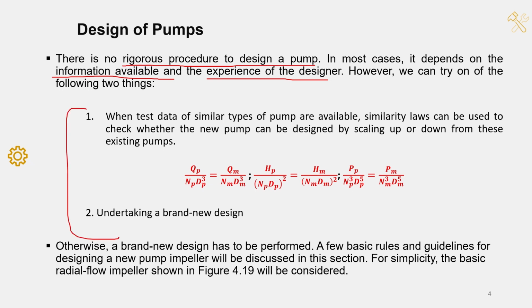Suppose that you have a pump, and for this pump you have the information available. Here is the performance curve of the pump, and the performance curve involves the head it gives, the output power, the shaft power, and the efficiency.